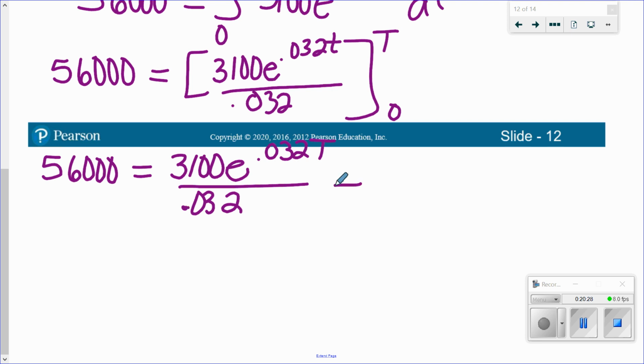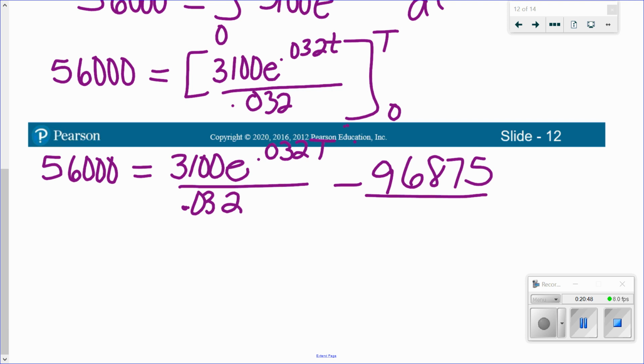And then from that, we're subtracting what it was when we evaluated at 0, which was 96,875.